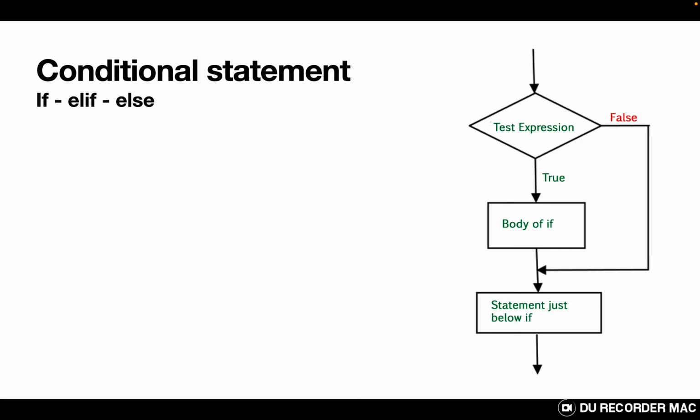You can see this flowchart in this slide. Earlier, when we discussed flowcharts, we saw that sometimes our program needs to take different actions based on certain conditions. And conditional statements are exactly how we express those decision points in Python code.